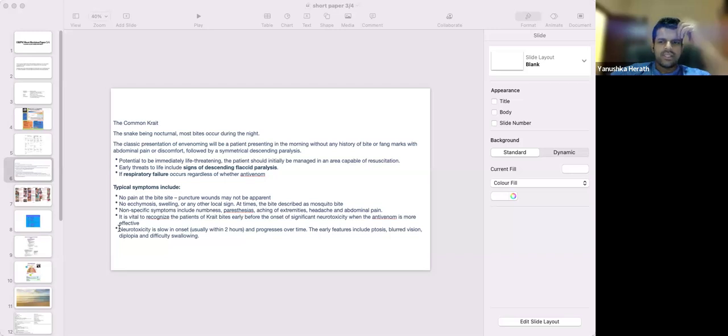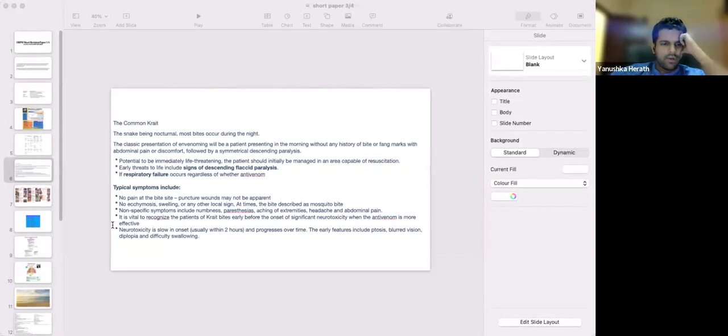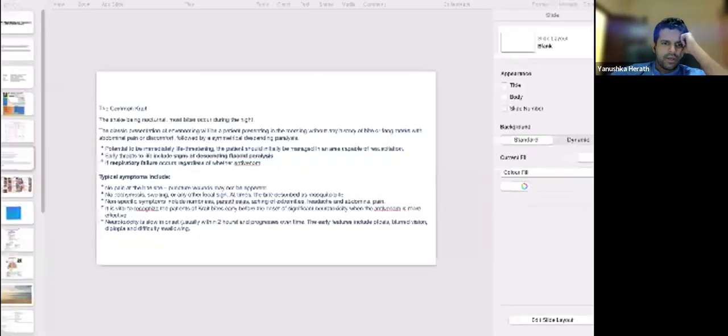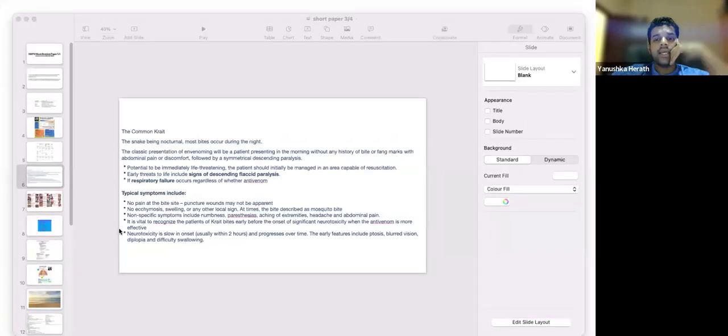Does it cause a severe local reaction? No. Generally no, because it's a silent killer. No one even knows. What about coagulopathy? No. Very good. And what about being commonly found in the coastal area? False, because it's found in the dry area.